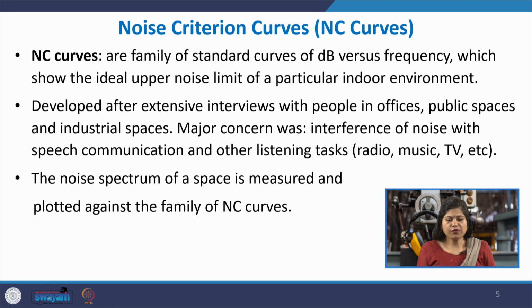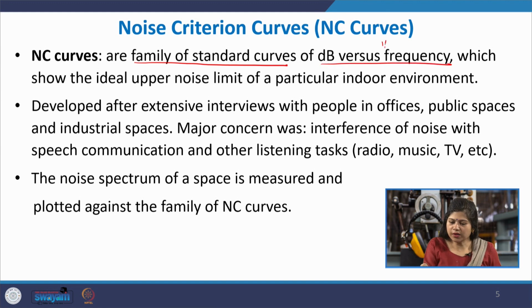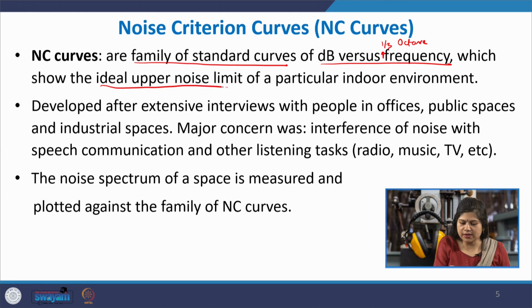So, let us see the very first, the NC curves or the noise criterion curves. They are a family of standard curves, dB versus 1/3 octave frequency in hertz, and they show what should be the ideal upper noise limit of a particular indoor environment.